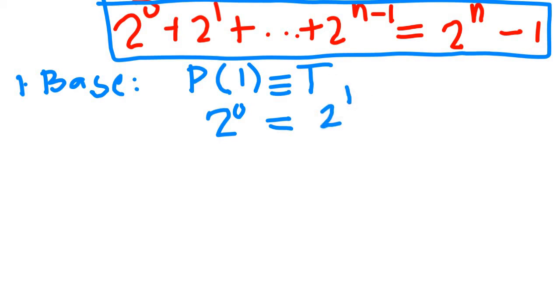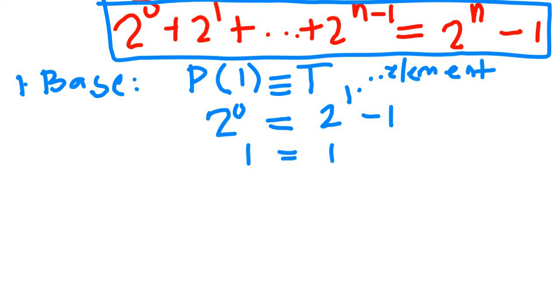Again, this is one element. So that is 2 to the 1 minus 1, and you'll get 1 equals 1.